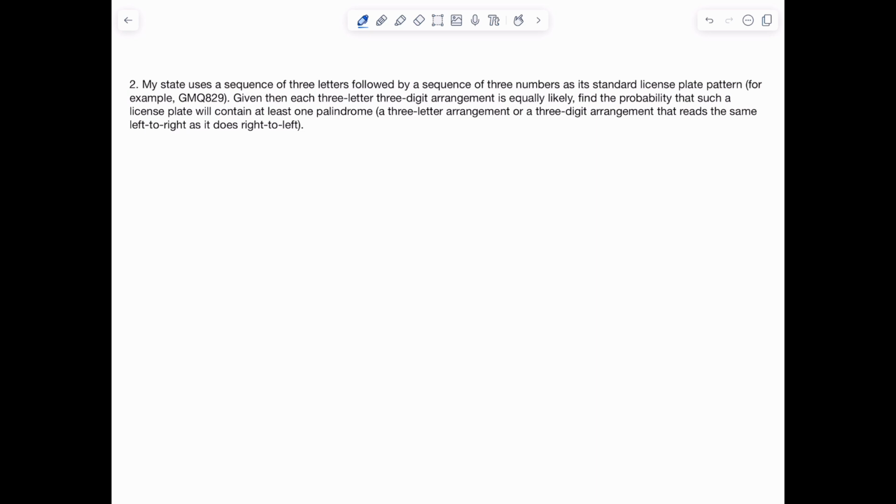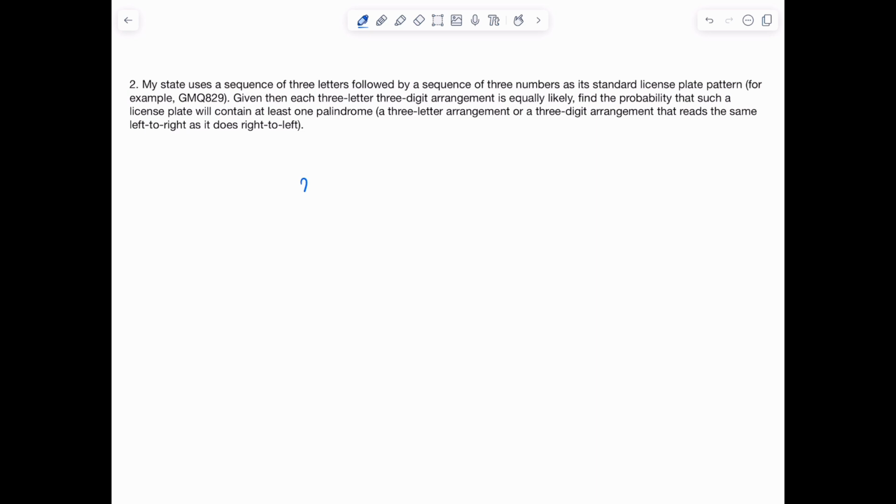In this case, we have 26 choices for the first letter times 26 choices for the second letter, and then the third letter has to be the same as the first letter, making that constant. And along with this, we have the numbers which we have to account for, which is just 10 to the power of 3. So this, we'll count this again later. And now this is for the first case.